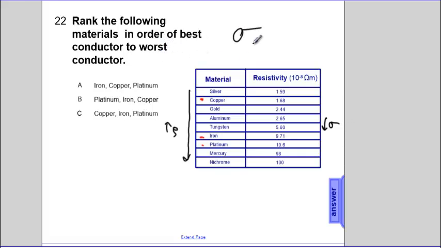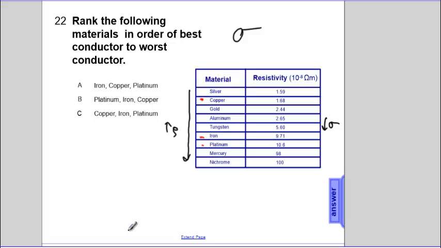Conductivity is represented with another Greek symbol, so we'll go in this direction. We go from copper to iron to platinum. As we go from copper to iron to platinum, we're going to increase resistivity. So copper has the smallest resistance, iron has a moderate resistance, platinum has a high resistance, so the worst conductor has the highest resistance.